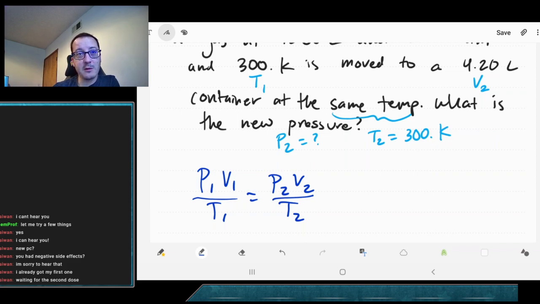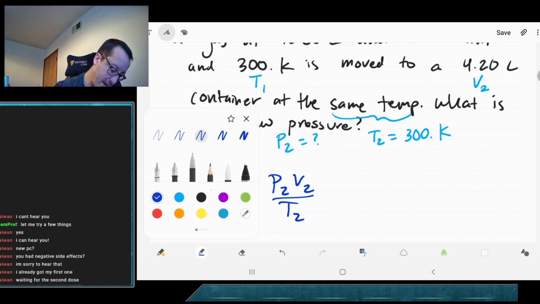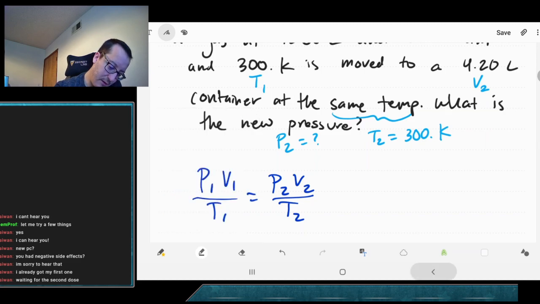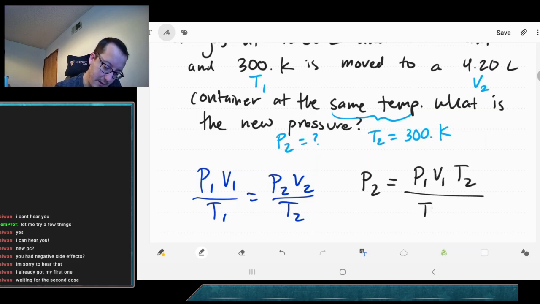But if you like to do it the other way, we just plug stuff in right now and then solve for it, that's fine. That'll work. No problem. But if you solve for P2, you get P1 V1 T2 over T1 times V2. Right, so we multiplied both sides by T2, we divided both sides by V2, and this is what we end up getting.